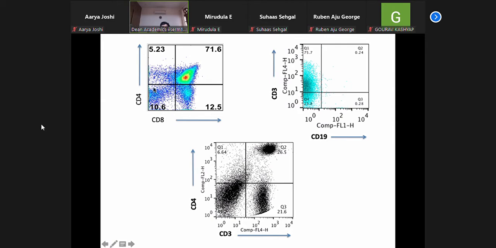And below this axis, you will call them negative for this marker. And if you use this line as the defining boundary, these are positive, these are negative, these are positive, these are negative for this particular marker. Now, depending on what these cells express, you have almost 10-11% of these cells which do not express any of the markers.